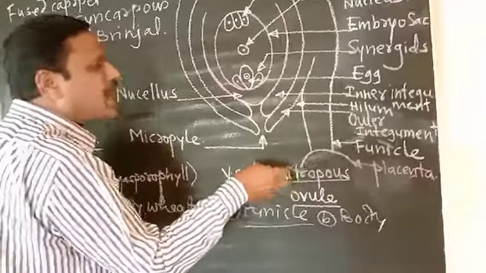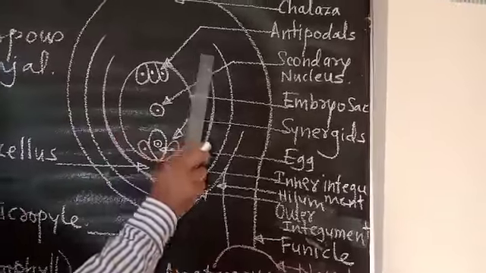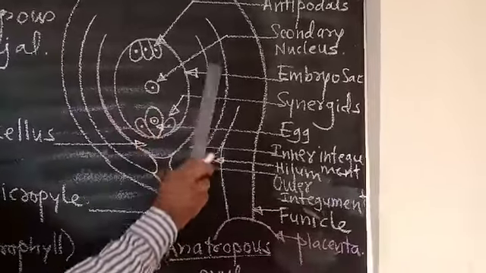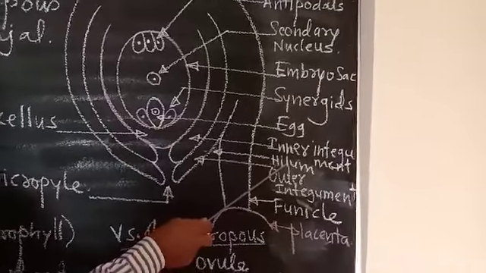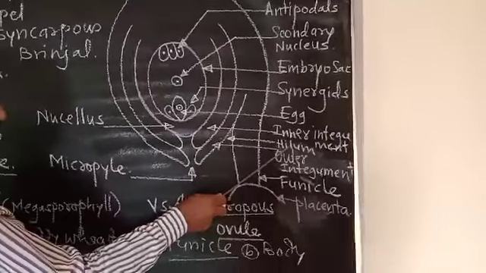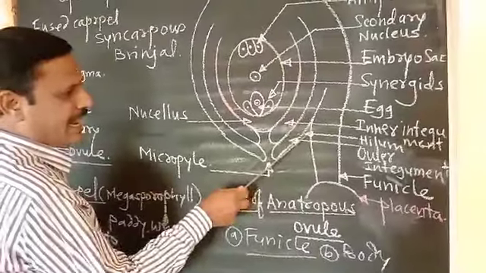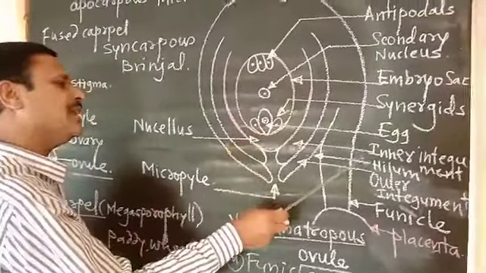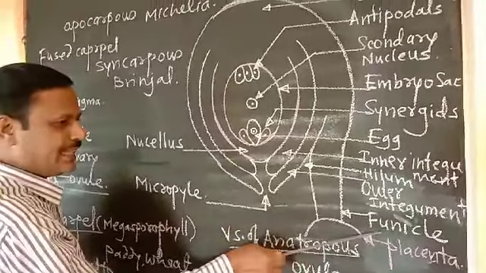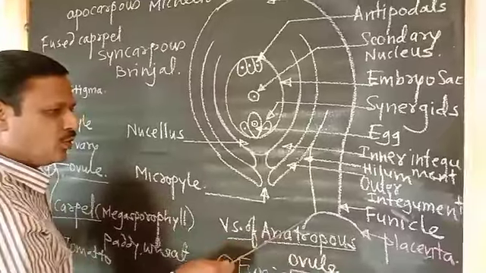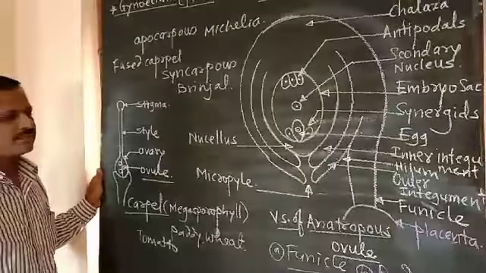This funicle is also attached to the body of the ovule with the help of the hilum. That means the funicle is anteriorly attached to the body with the help of the hilum, while posteriorly the funicle is attached to the ovary wall by the placenta.